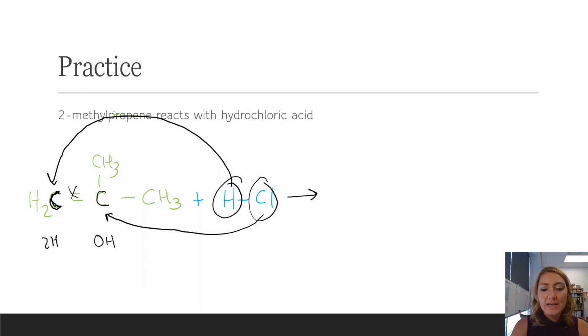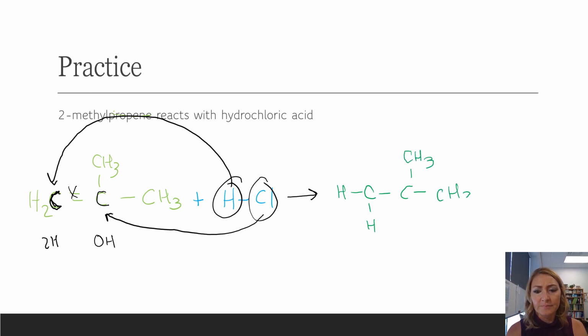Don't forget that we break that. So let's go ahead and redraw this. So I'm just going to draw this in the complete structural formula. I think it's a little bit more helpful to see. Okay, so we added the hydrogen to the carbon that already had a lot of hydrogens, the rich get richer, and we add the chlorine to the other carbon in the double bond.